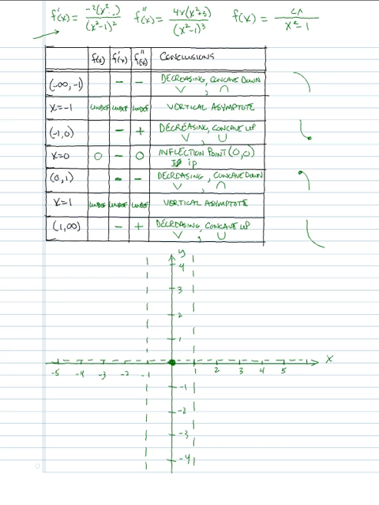Now, the way we're going to continue with this one is we're going to first think about this interval from -infinity to -1. I'm looking in my sign table, and I'm decreasing and concave down.